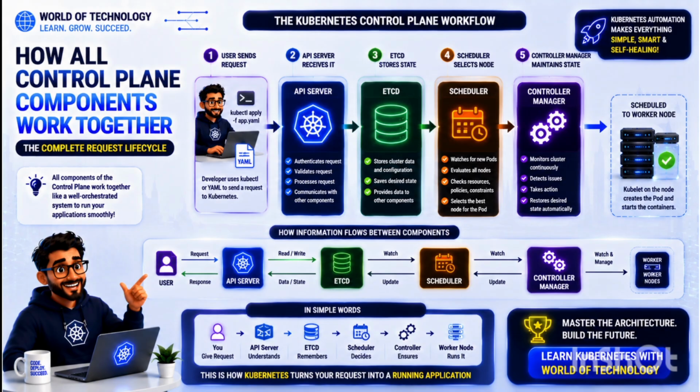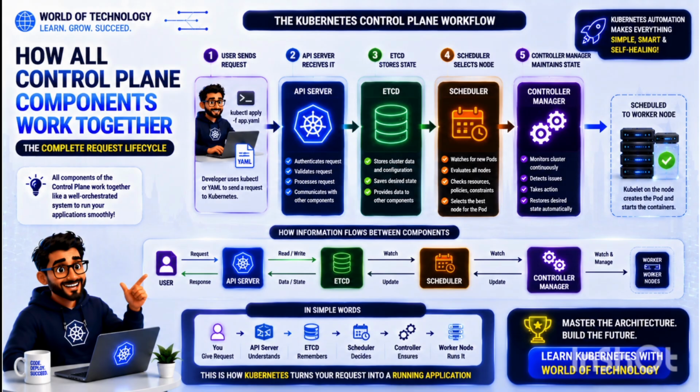Now let's connect everything together. Imagine you deploy an application. First, your request reaches the API server. The API server validates the request. Next, the desired state gets stored inside etcd. After that, the scheduler selects the best worker node. Then, Kubernetes on that node creates the pod.